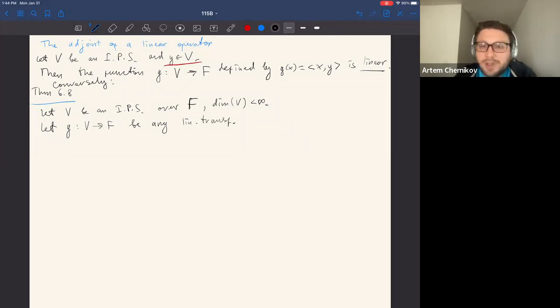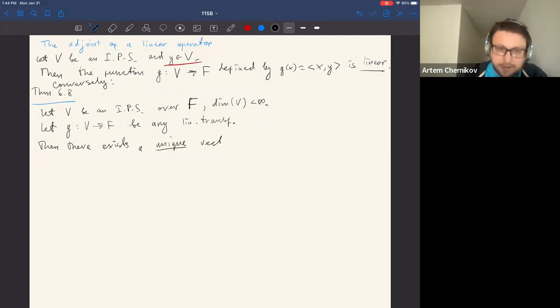Then it has to be of the form described above, in the sense that there exists a unique vector y in V such that g(x) is given by the inner product of x with y for all x in V.